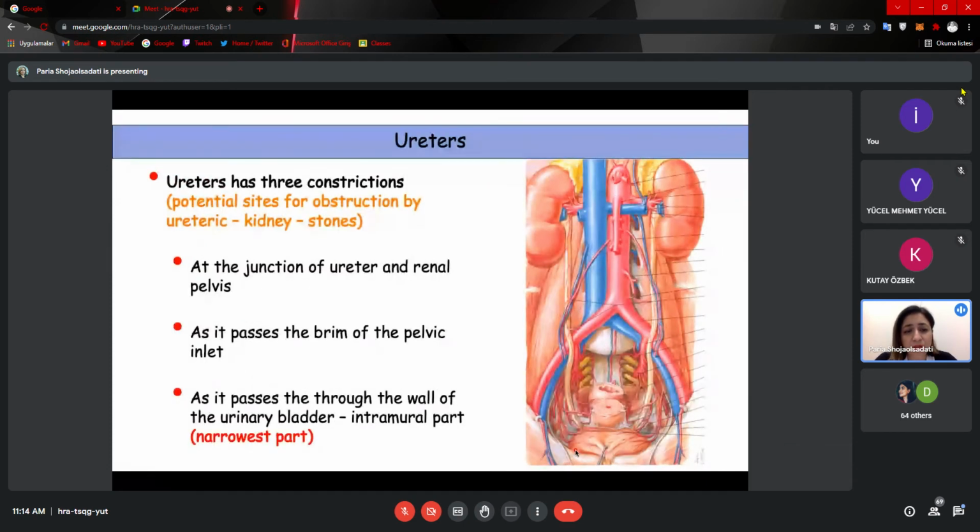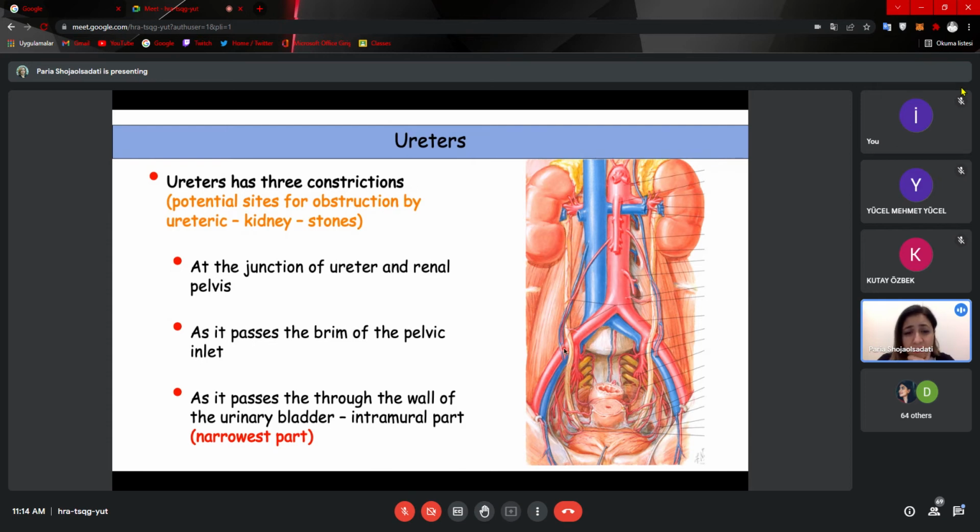We can talk about the different constrictions in this organ. We have three different constrictions. The first constriction is seen at the level of the junction between the ureter and renal pelvis. This point is anatomically named the ureteropelvic junction.